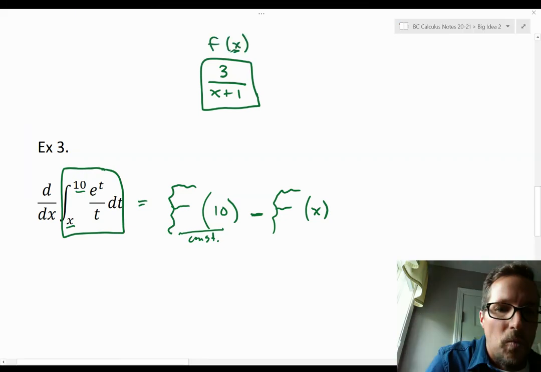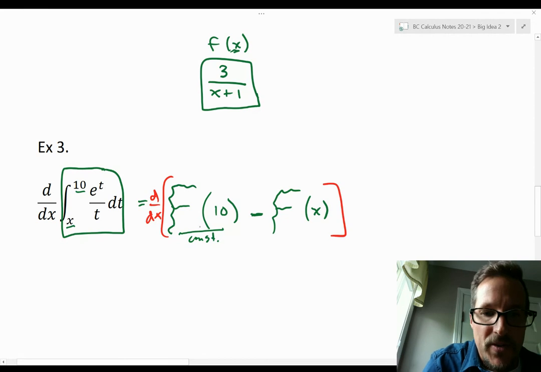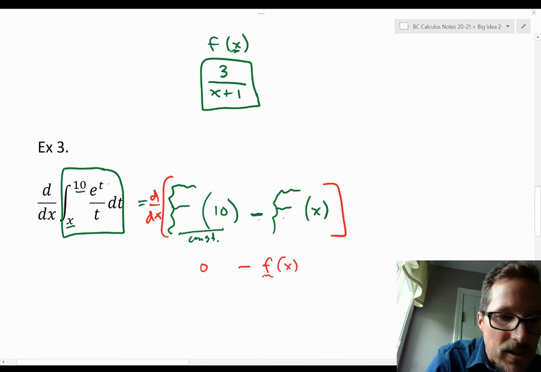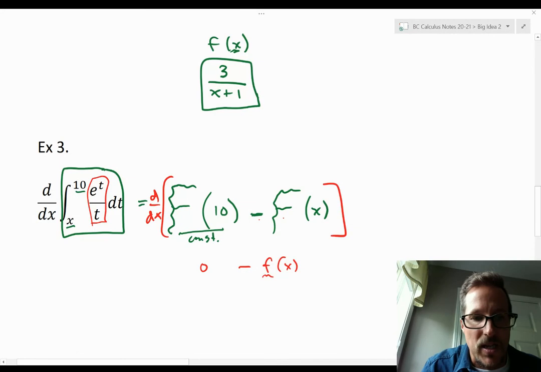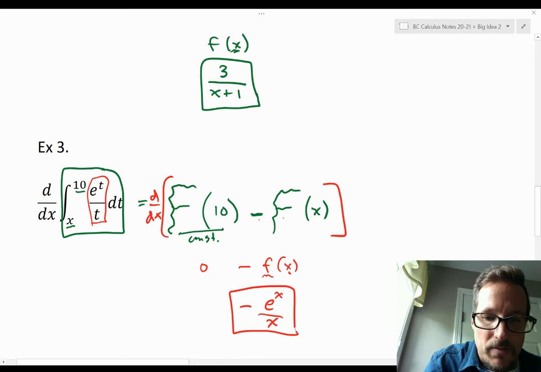Now, what is the derivative of that expression? Well, the derivative of the constant is 0. The derivative of negative antiderivative is just the original function f again, this time at x. And what's the original f? It's the integrand function e to the t over t, no longer in terms of t, but in terms of x. So negative e to the x over x is my answer.